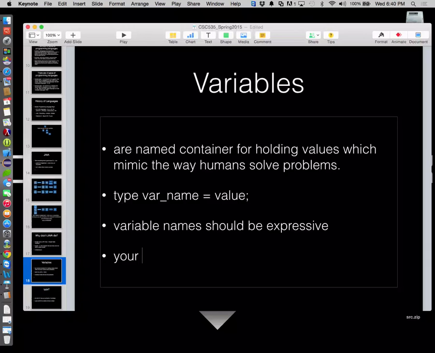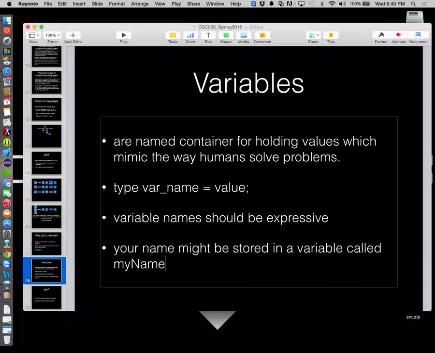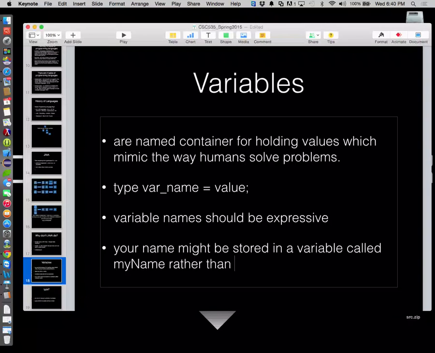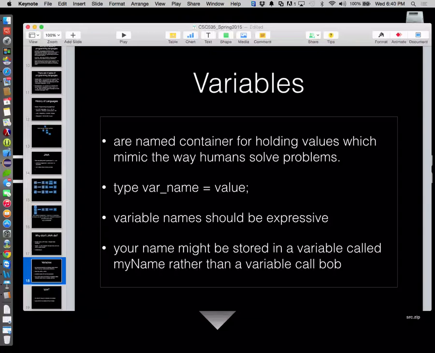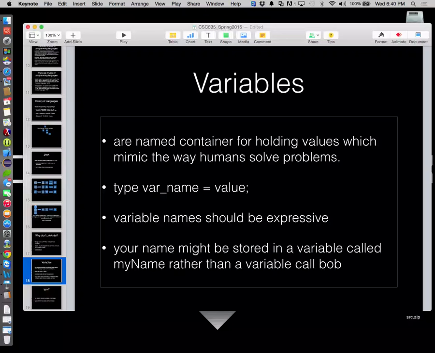As an example, your name might be stored in a variable called my name rather than a variable called var or called Bob. You know. So if you have a container you bought from Target, you put a piece of duct tape on it, you write Bob on there, and only you know that you actually put your name in that bucket.